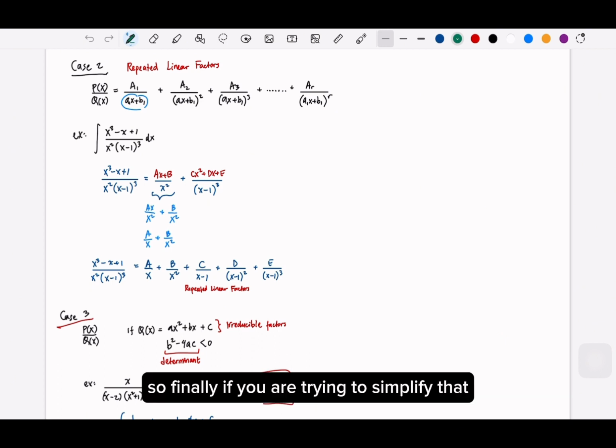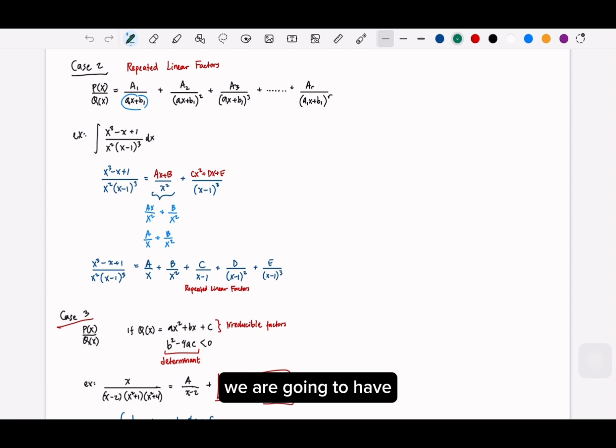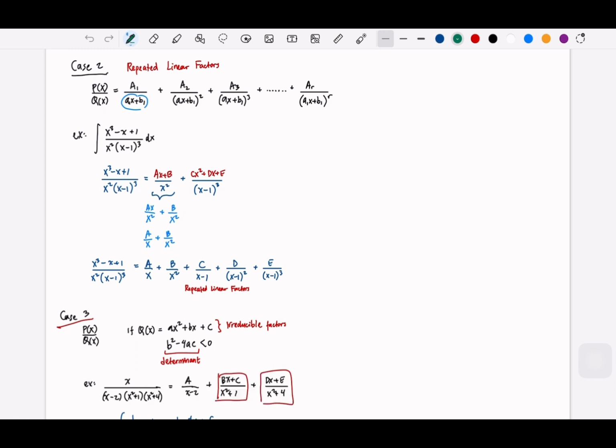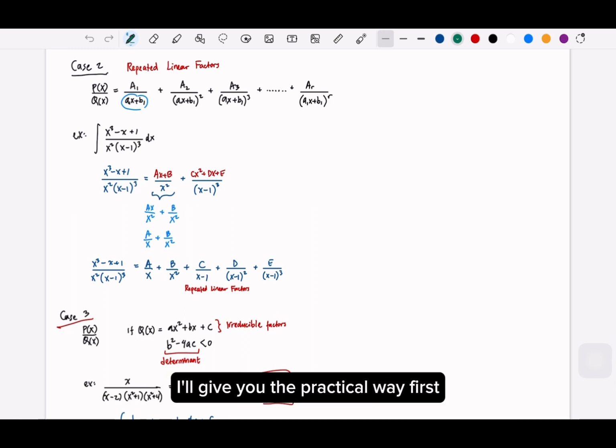So finally, if you are trying to simplify that, we are going to have this. Actually, we can separate one by one. So we can separate this with x, and I'll give you the practical way first, and then we can see how it works. This will be x squared. So we have five different fractions.